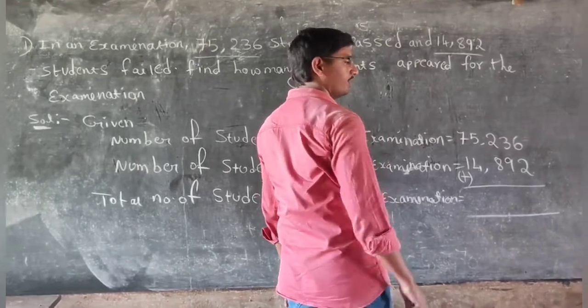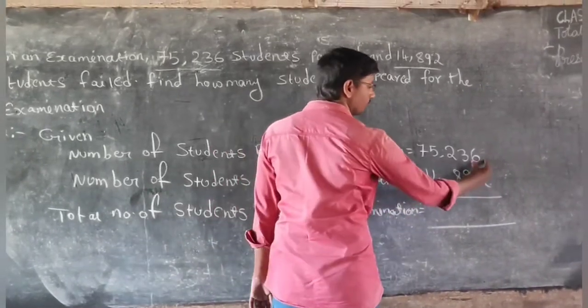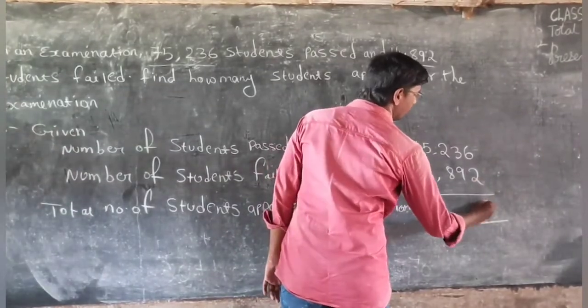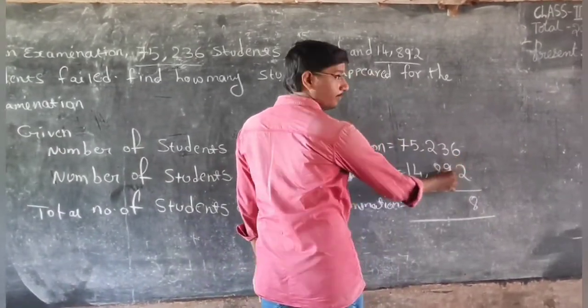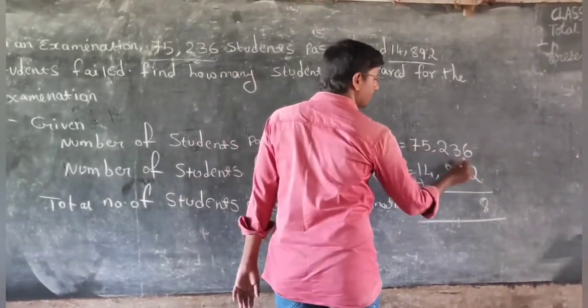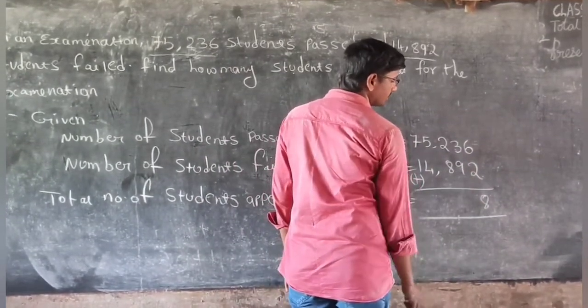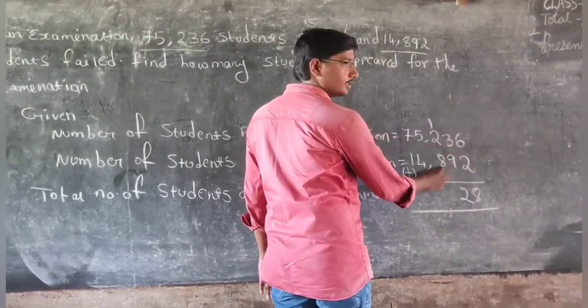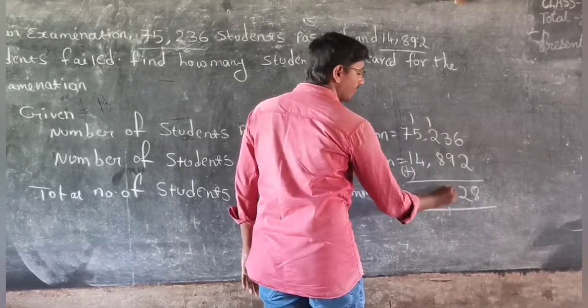Every addition or subtraction starts with the ones place. 6 plus 2, how much? 8. Next, 3 plus 9 is 12. 2 plus 8, 10. 10 plus 1, 11.